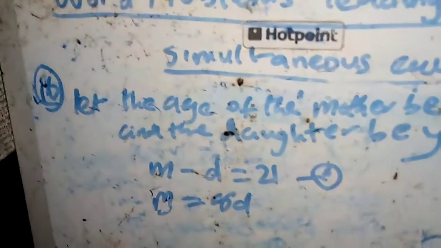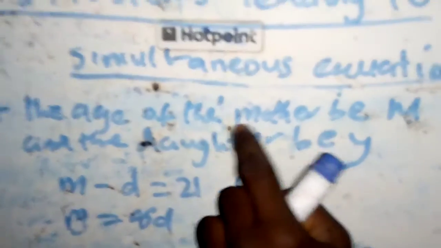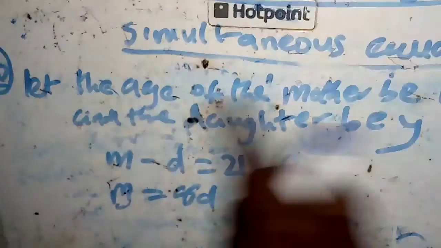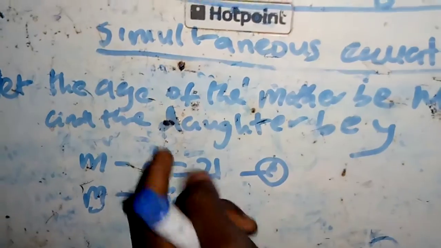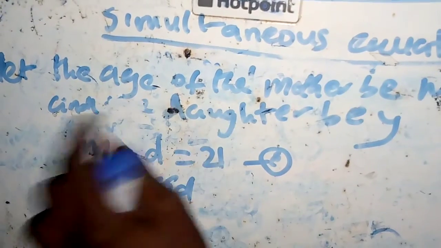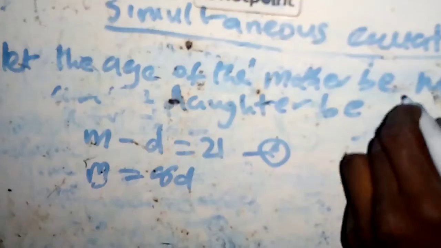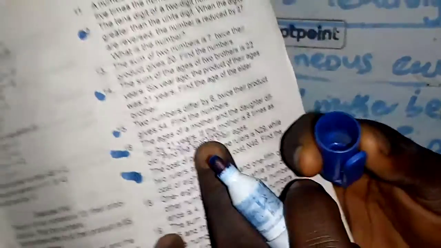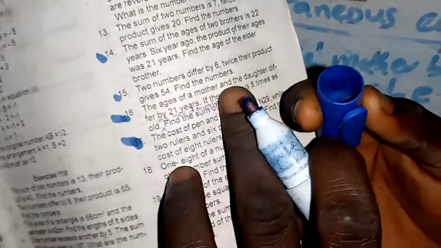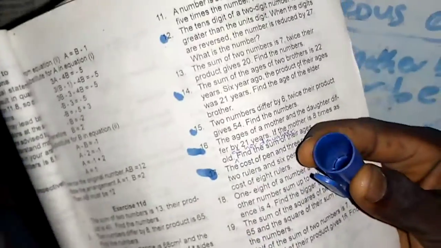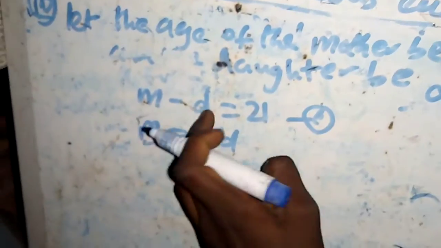So looking at the question, we say let the age of the mother be m, and let the age of the daughter be d. The question says the ages of a mother and a daughter differ, that is, the difference between their ages is m minus d equals 21.